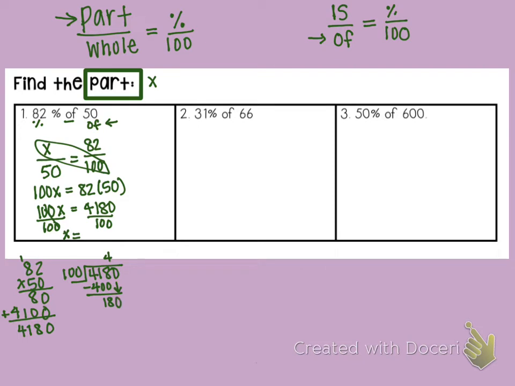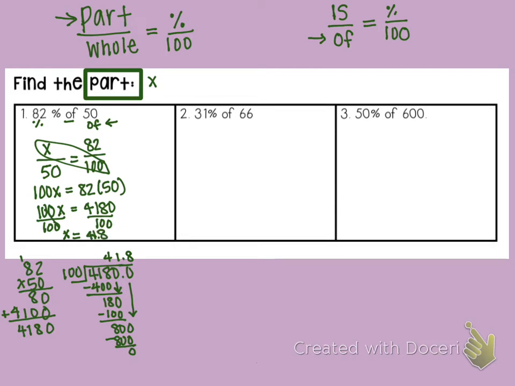Bring your 0 down, and 100 goes into 180 one time, minus 100. 180 minus 100 is 80, so we're going to add our decimal 0. Bring our decimal straight up. Bring your 0 straight down. And 100 goes into 800 8 times. So our answer is 41.8.